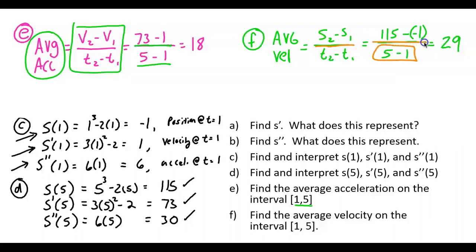And at t equals 1, my position is negative 1. So my position goes from negative 1 to 115, which is an increase of 116 spaces over a time period of 4. 116 divided by 4 leaves me with 29. So that would be my average velocity, and part E would represent my average acceleration.